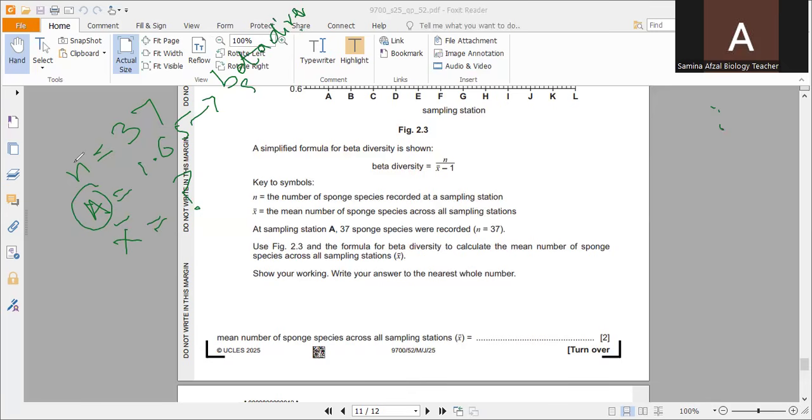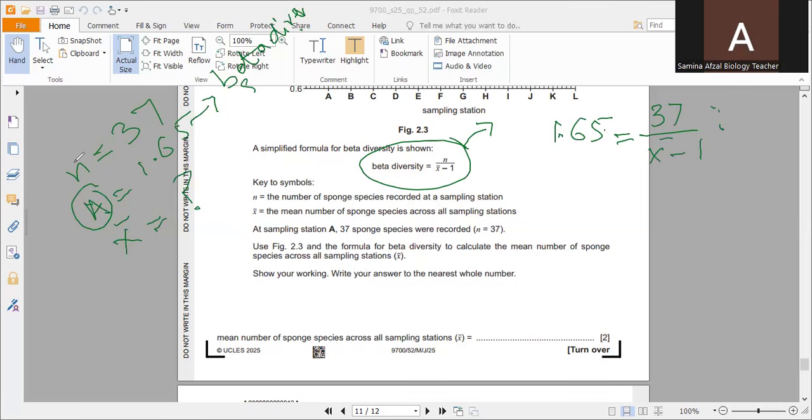So for beta diversity in this formula, we will put the values: beta diversity 1.65 is equal to 37 divided by x bar minus 1.